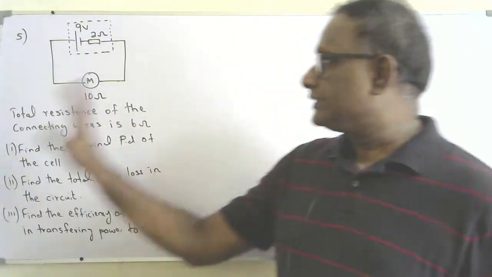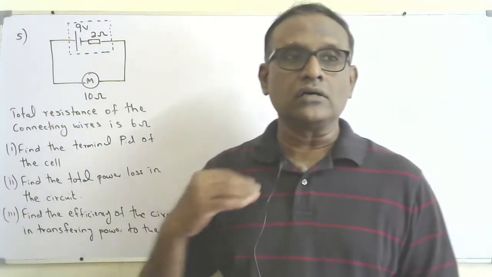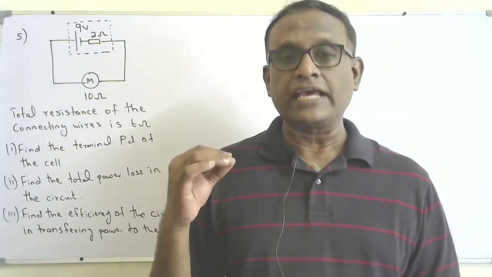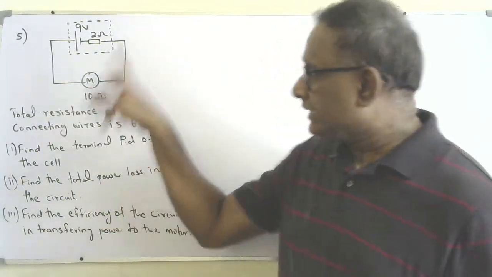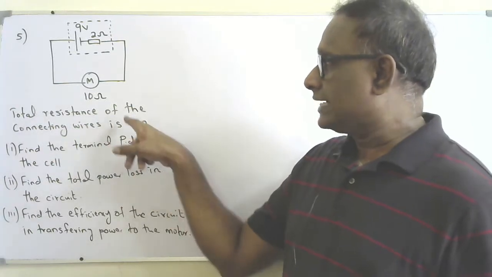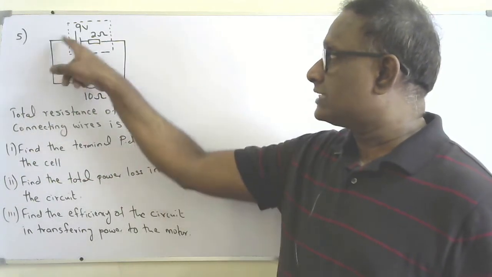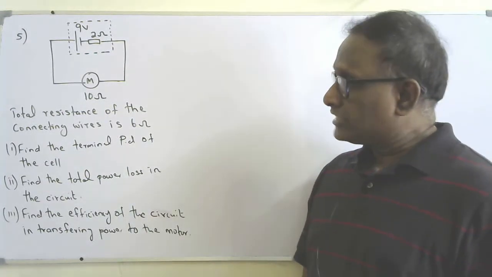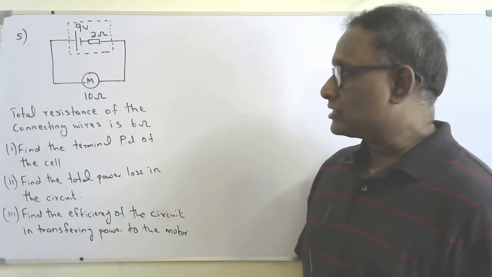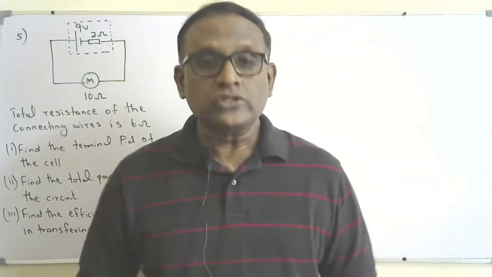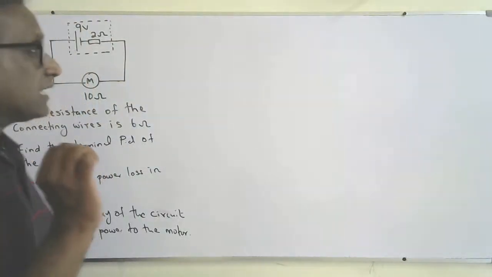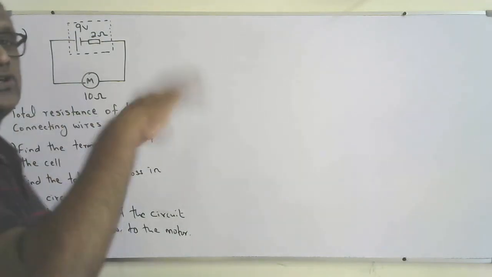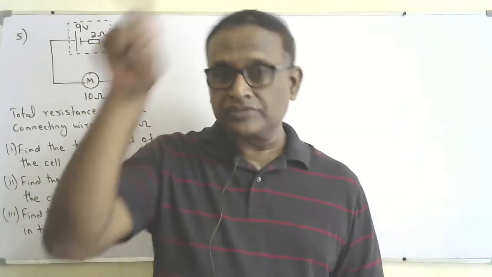Okay, so in this question, normally in all my previous questions, we consider the connecting wires to have no resistance. But here it says that the total resistance of the connecting wires is 6 ohms. First part, find the terminal potential difference of the cell. You should understand it like this: the current which is flowing through the cell and motor will also flow through all parts of the wires.